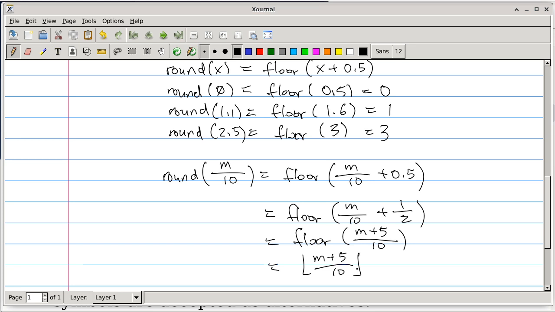So what is the process? The process is make m as large as possible. Make it the largest, double it until it barely fits in a 64-bit unsigned integer. Then you add 5 to it, divide it by 10. That becomes the new mantissa. But every time you divide the mantissa by 10, you can add 1 to the exponent of 10.